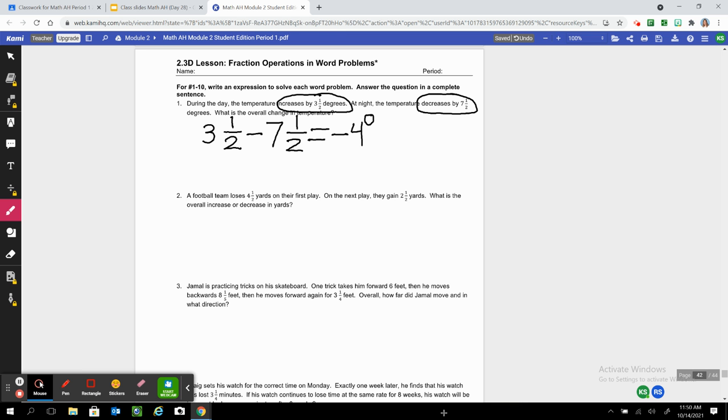We usually use the 0 for our degrees. And when we write it, we would say that the overall change is negative 4 degrees, or you could say the overall change dropped negative 4 degrees.